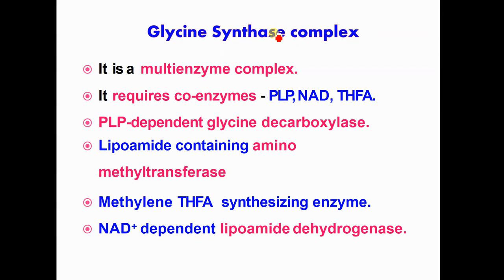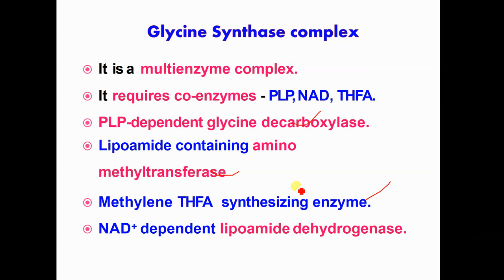And coming to the glycine synthase enzyme, it is a multi-enzyme complex. It requires coenzymes such as pyridoxal phosphate, NAD and tetrahydrofolic acid. So PLP-dependent glycine decarboxylase and lipoamide containing aminomethyltransferase, these two enzymes will work together, along with the methylene tetrahydrofolic acid synthesizing enzyme and NAD dependent lipoamide dehydrogenase.